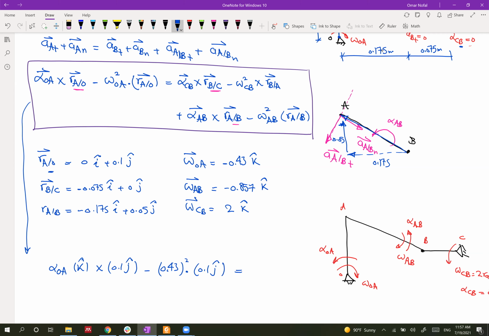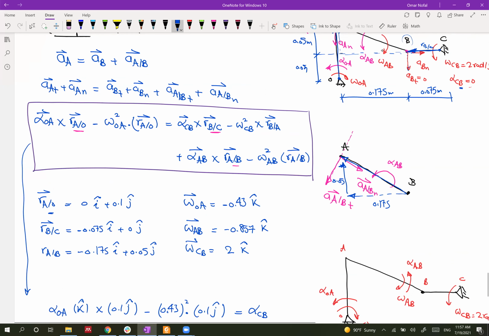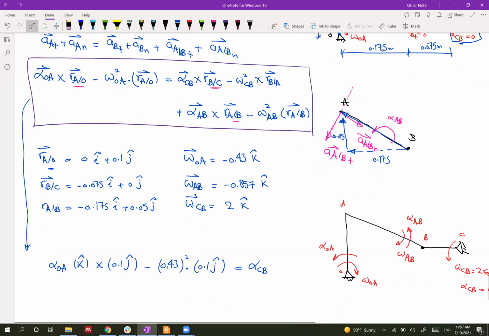This should be equal to alpha CB. Alpha CB is equal to 0 because it's already given here. So this term will be equal to 0.